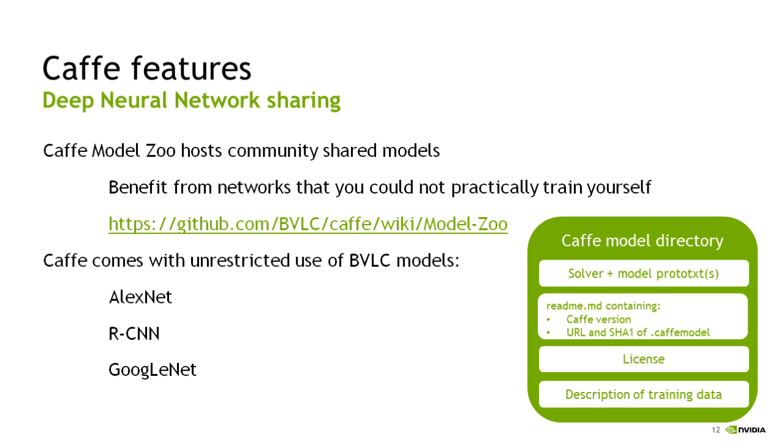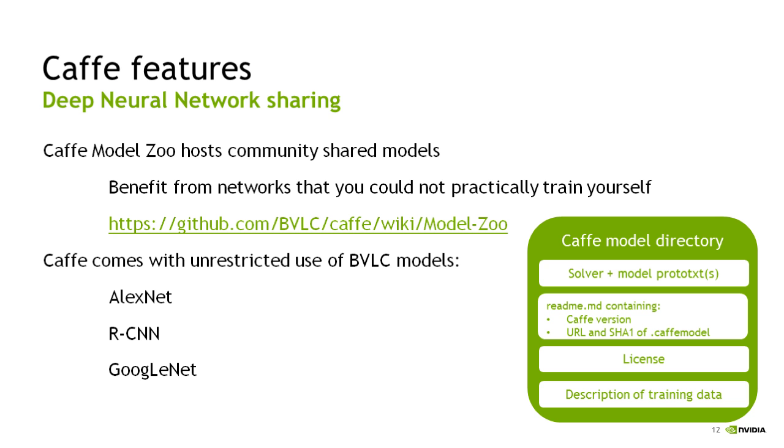As I mentioned, these Caffe model files are fairly compact. It's a single file. Typically, if you want to share one of these files with people, they would need more information than just the caffemodel file. They'd also need to know what the model prototext file was that you used to train it, what the solver file was, the parameters for the training process, and you typically would give them a README file containing the version of Caffe and pointing them towards where they can get the .caffemodel file.